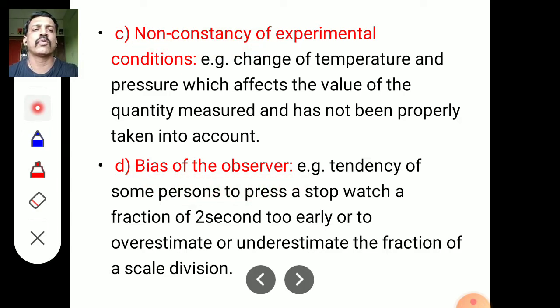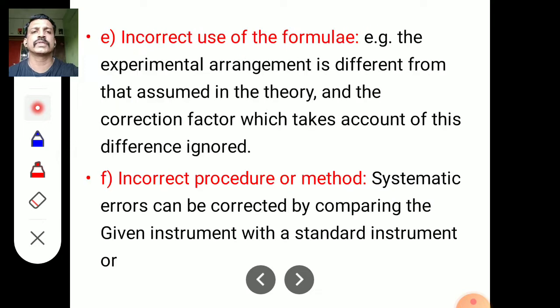Bias of the observer: the tendency of some persons to press a stopwatch a fraction of a second too early or too late, or to underestimate the fraction of a scale division. Incorrect use of formula: the experimental arrangement is different from that assumed in the theory, and the correction factor which takes account of this difference is ignored.